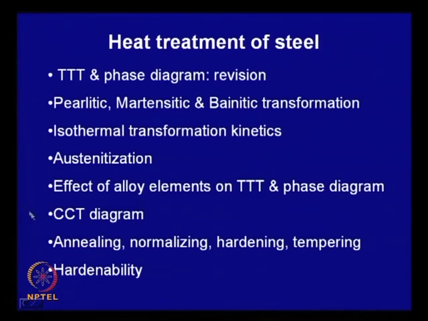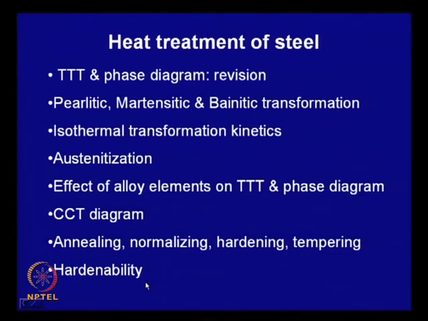Now, we will see what the continuous cooling transformation diagram is. Is there a relationship between CCT and TTT diagrams? Then we will look at a few very common commercial heat treatment processes: annealing, normalizing, hardening and tempering, and we will also look at hardening.